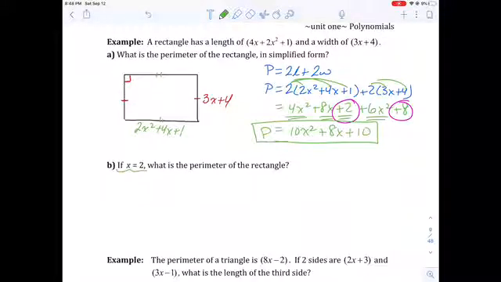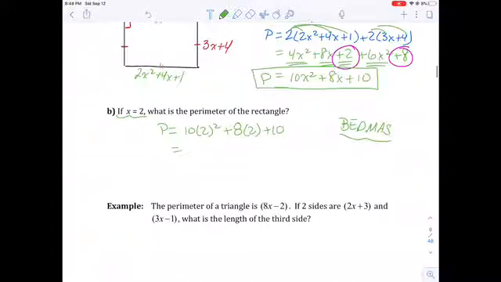And if x is equal to 2, what is the perimeter of the rectangle? So now, if x is 2, then our perimeter is going to be 10 times 2 squared plus 8 times 2 plus 10. We're just going to substitute in x equals 2. And remember BEDMAS. How do we simplify this expression? This 10 times 2 squared is 10 times 4, which is 40.